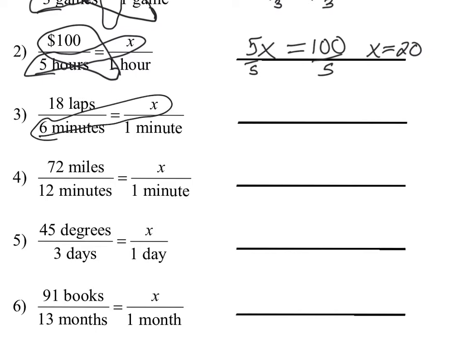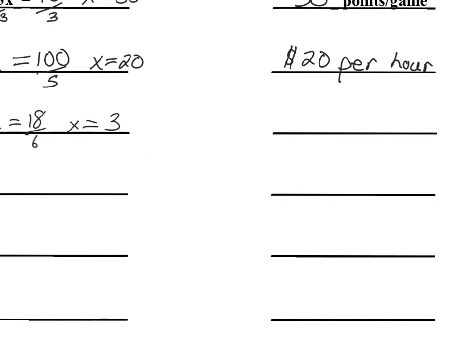6 times x, 1 times 18. Okay, so you have 6x equals 18. Divide by 6, divide by 6, you get x equals 3. So that means 3 laps per minute.